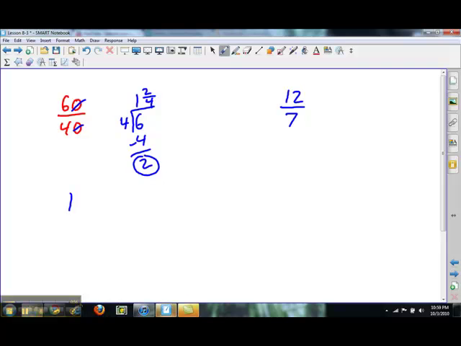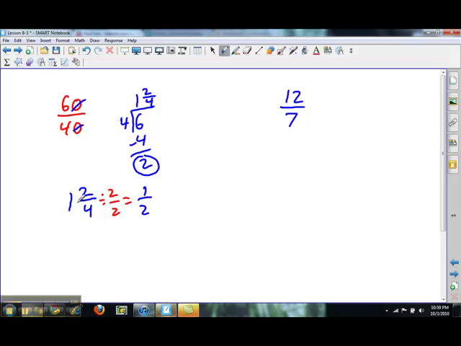So I have 1 and 2/4, but I notice something, that 2/4 is not simplified. So let's find the greatest common factor of 2 and 4. Well, I know that 2 is the largest number that goes into both of those, so I'm going to simplify this. The magic 1 of 2 over 2. 2 divided by 2 equals 1. 4 divided by 2 equals 2.